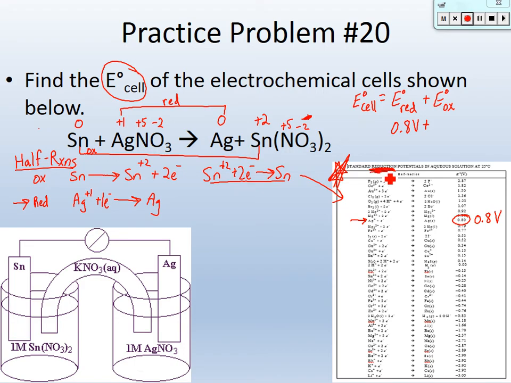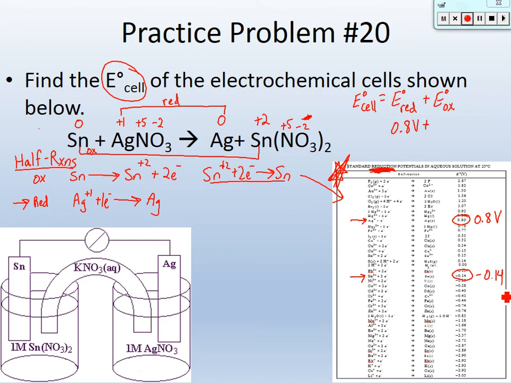So let's find that one. Sn plus 2 electrons goes to Sn. Okay, it's near the middle. I think it's right here. I know you can't see this, but on your table you should be able to find it pretty easily. And the voltage is a negative 0.14.